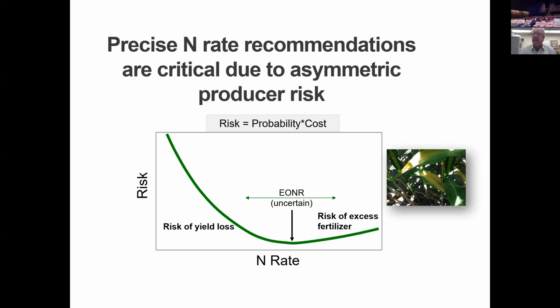So there's a lot greater risk for not applying enough nitrogen than there is excess. If you apply too much nitrogen, then there's cost from the additional nitrogen fertilizer, which is not inconsequential, but still it's nothing compared to having a major reduction in yield. It's just much more costly.